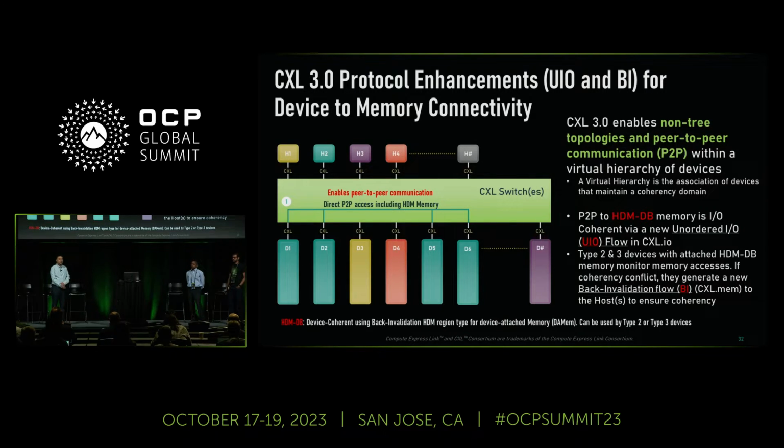To support that, memory HDM-DB was generated. We created and supported unordered I/O, and to support a memory region that can be shared amongst multiple hosts, we had to invent back invalidation flows, and that's a new channel. So CXL 3.0 supported all those features.